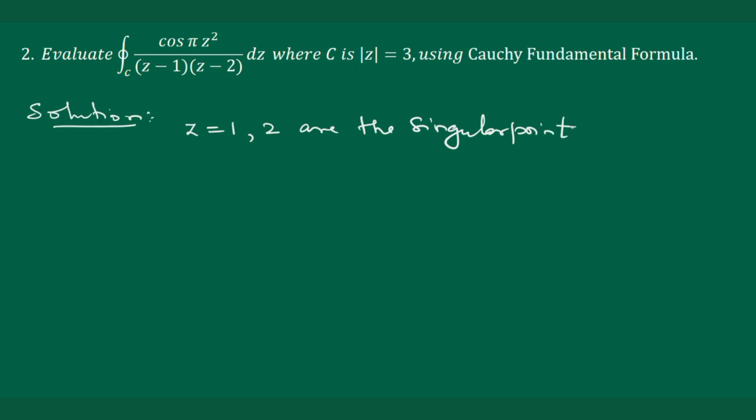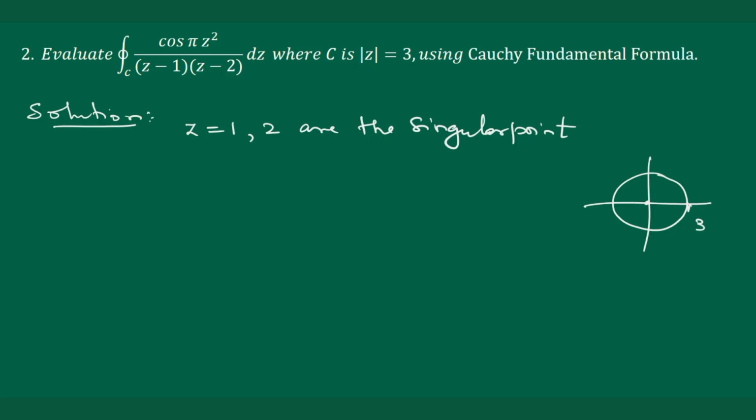Here we have to check whether these two singular points lie inside the curve C or not. So what do you mean by the curve modulus of z equal to 3? It is a closed curve, a circle with center origin and radius 3.